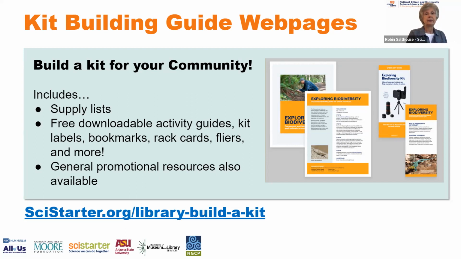So again, you get a free downloadable activity guide with the directions that you give to your library users in the kit, explain why the project is important, and then you'll get those specific kit labels for marking the storage devices, bookmarks, rack cards, and flyers to increase engagement and awareness, and also just general promotional resources to help promote this through websites or through printed material. Next slide.